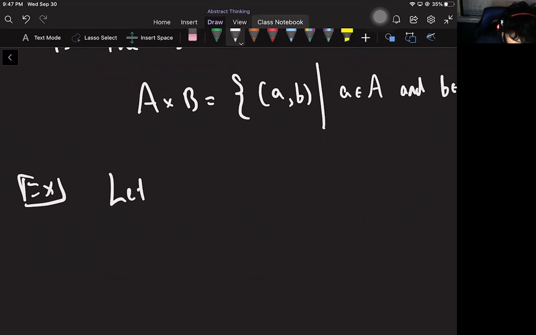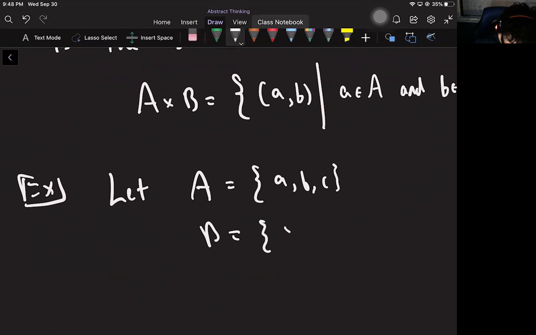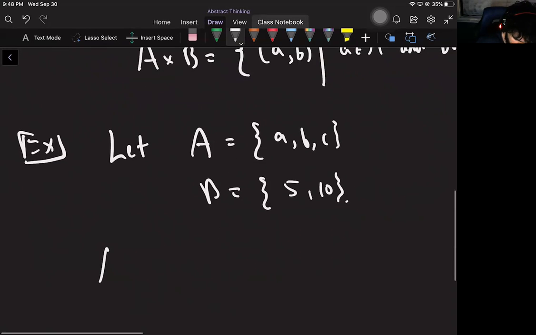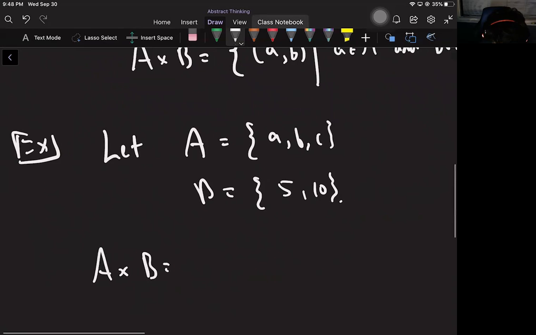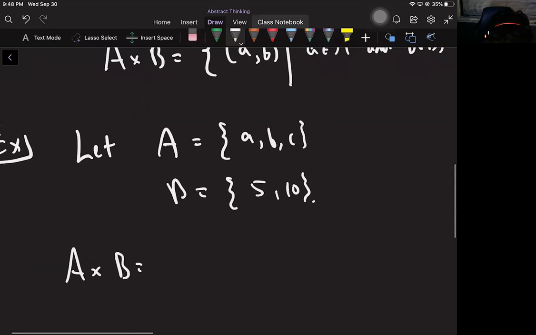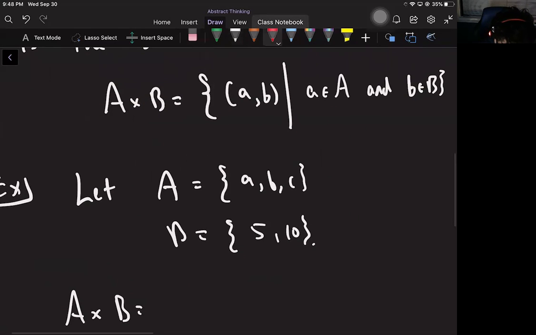So for an example, let's take two sets. A equals, this guy will have a, b, and c in it. B will have, how about two numbers, 5 and 10. So let's figure out A cross B. We can just experiment around a little bit. What kinds of things are in A cross B?